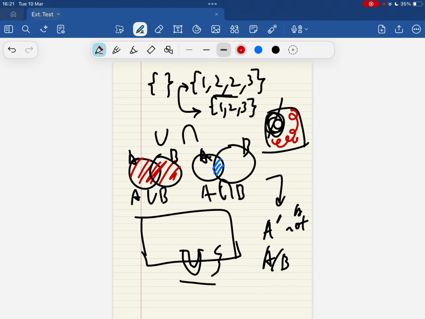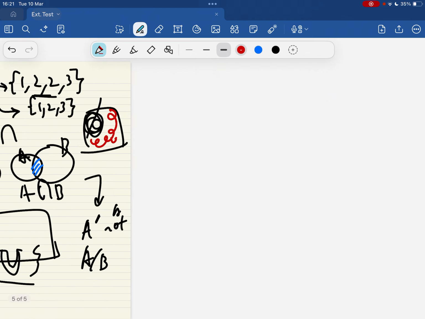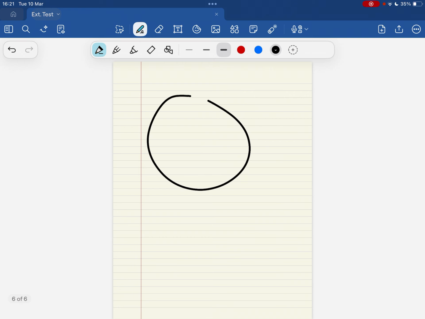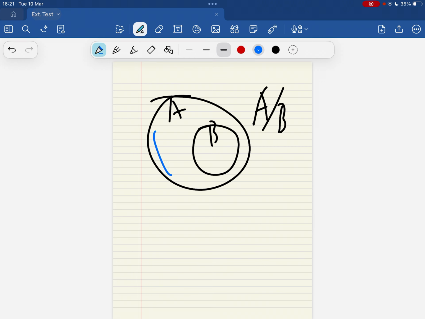And A slash B would just be subtracting B, which is a much more rare notation because it's really hard to define the subtraction operation. But if you ever see this, say that's A and that's B, A slash B would just be this area. So that's just the basics of set notation that we have not covered.